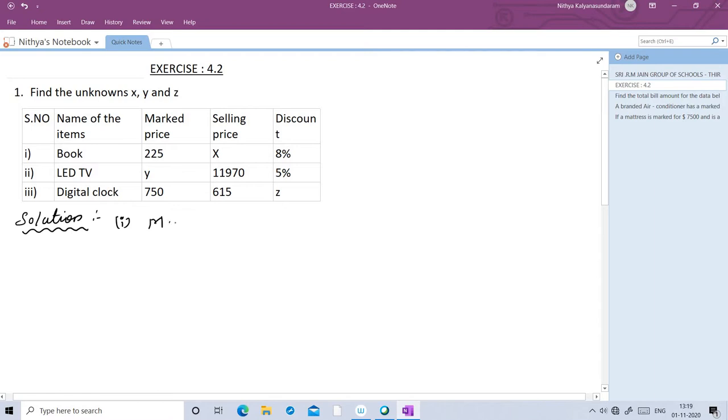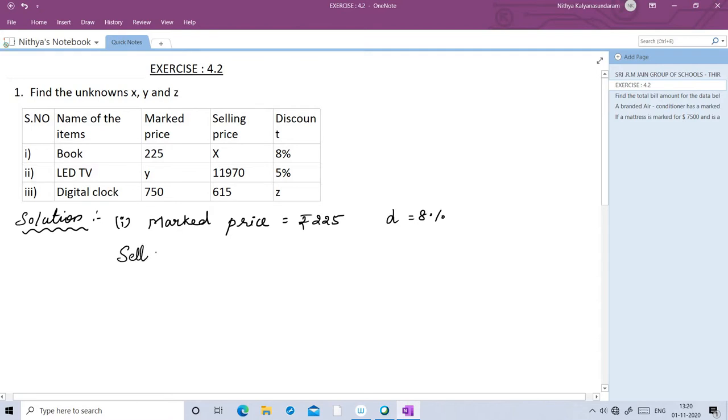Marked price, rupees 225, discount is 8%. So if you want to find out the selling price, we have a formula.